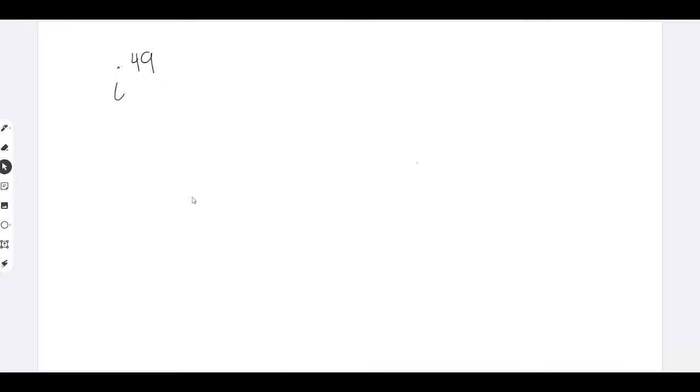You're close, but not quite. So we want to figure out what remainder 49 has when divided by 4, right? We're looking for what 49 is mod 4, right?